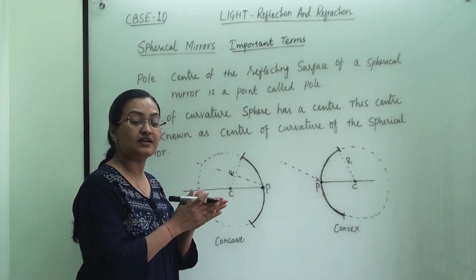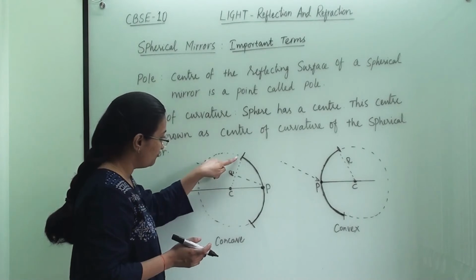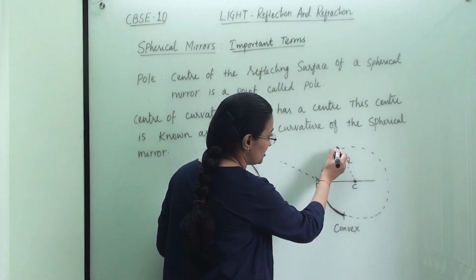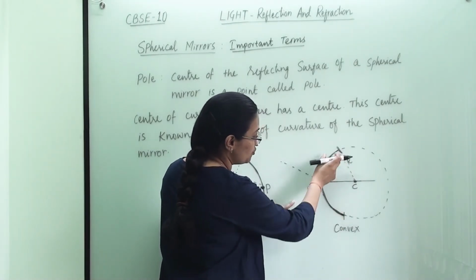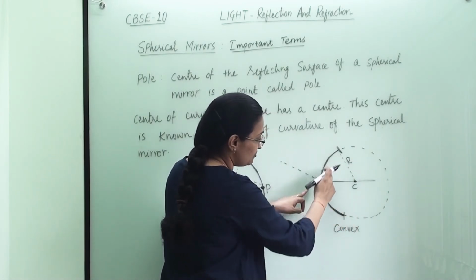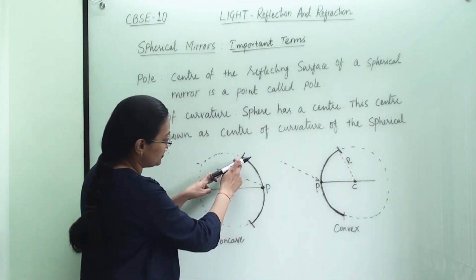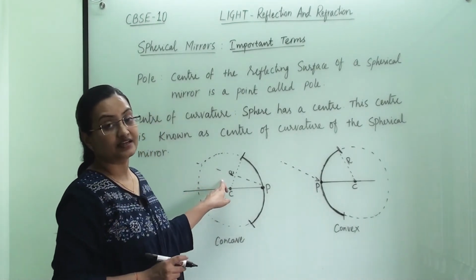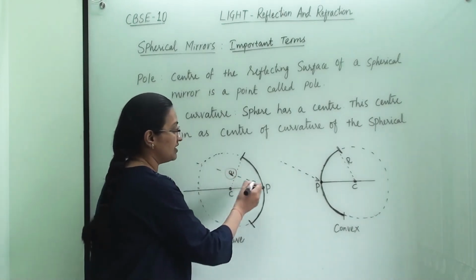From there till the center, this is known as the radius of the curvature, and we denote it with capital R.